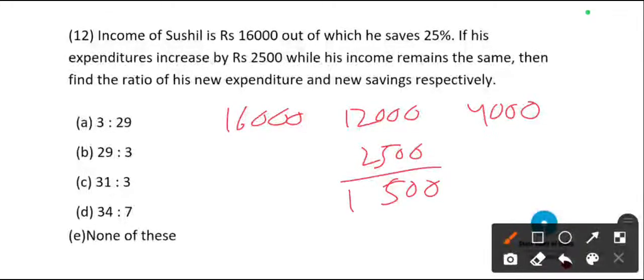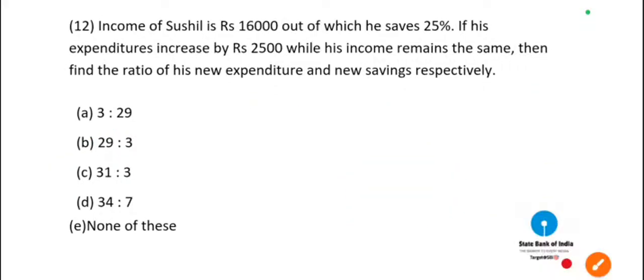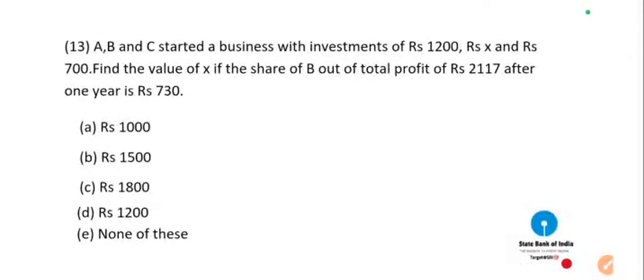So now the expenditure is 14500, and subtracting from the income, his new savings is 1500. So after cancelling zeros, 145 is to 15. So 5 times 5, 29 times 29 is to 3 is the answer. Option B is the right answer. Next question, 13th one.